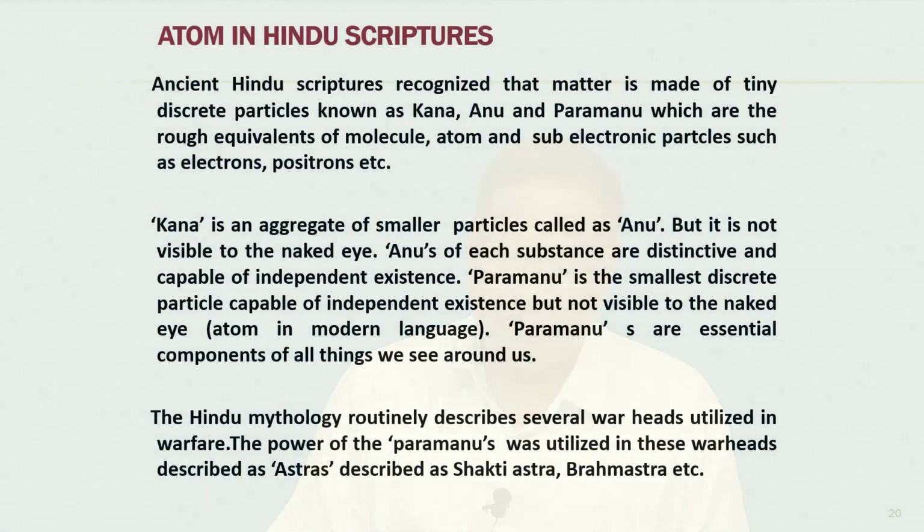Okay. So, you look at it, you will recognize that yes, this is jowar, this is wheat, this is rice, this is sodium chloride. Like that, the smallest particle that you can see with the visible eye should be Kana, and that Kana is made up of Anu, which is not visible to the eye.